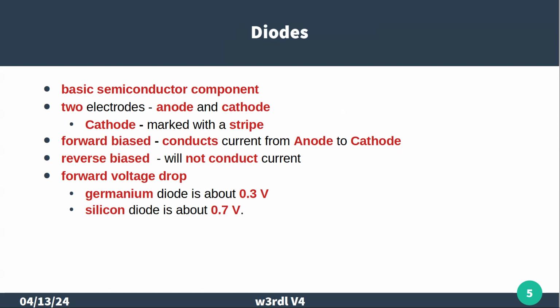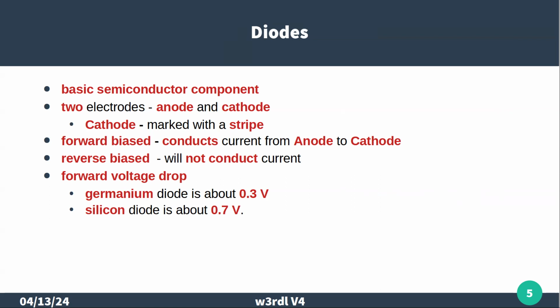When we apply a voltage to the anode, which we call being forward biased, it will conduct current from the anode to the cathode. If we reverse bias it and put the positive voltage on the cathode, it will not conduct. It acts like an insulator.